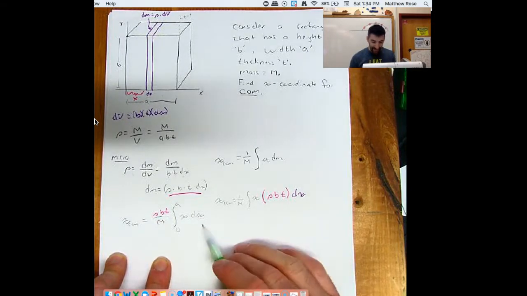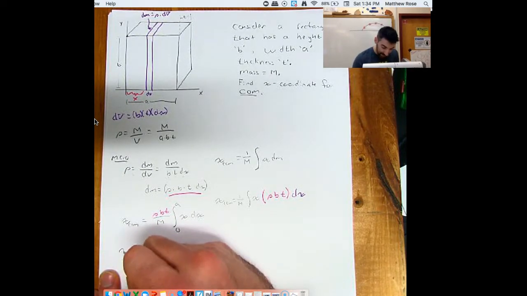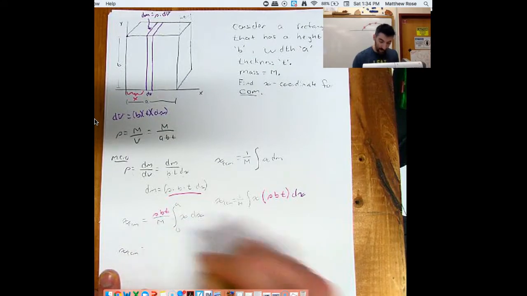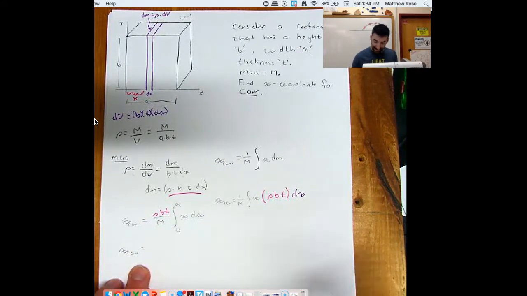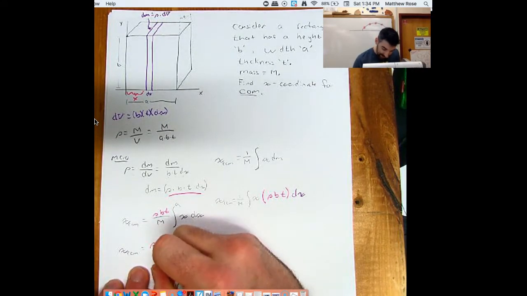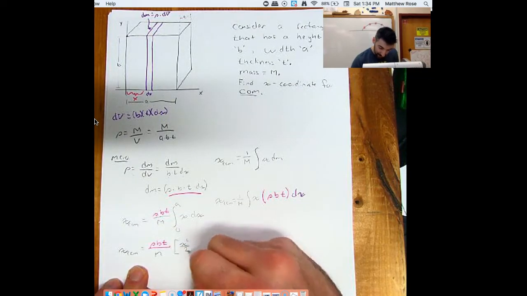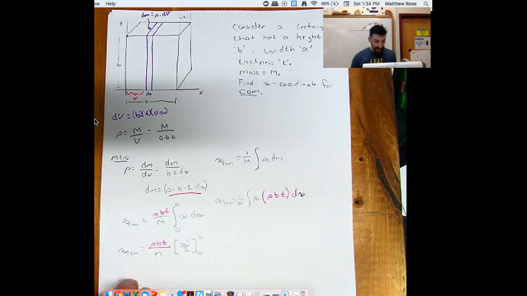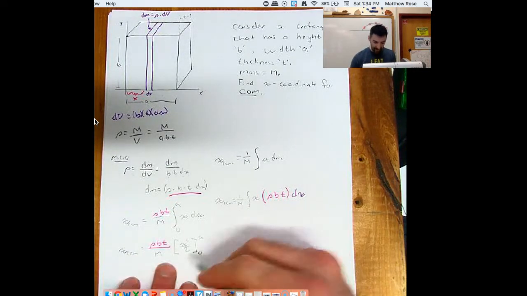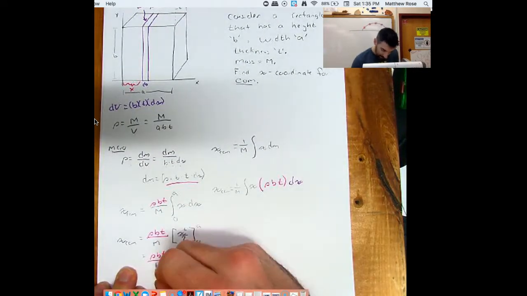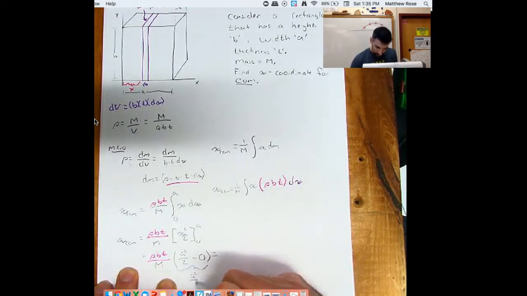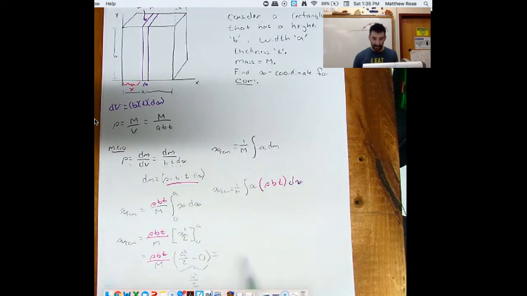Now I can take this super simple antiderivative. So where's the center of mass about the x-axis? My constants stay the same, times x squared over 2, that's my antiderivative, from 0 to a. As I integrate that, it simplifies to a over 2.